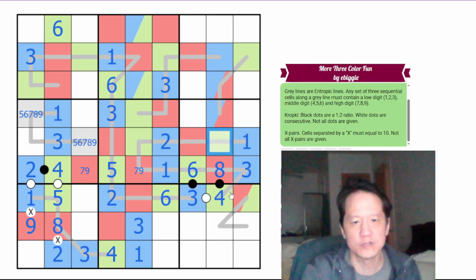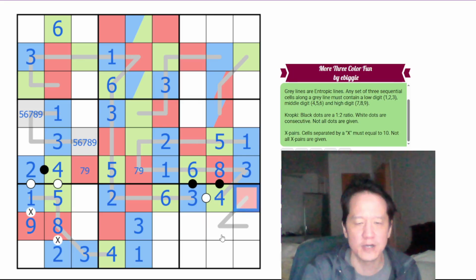This can't be 4 or 6 because of those 4 and 6, so this must be 5. This cannot be a medium. This has to be a high. This has to be medium and low, but we're not sure which one's which.